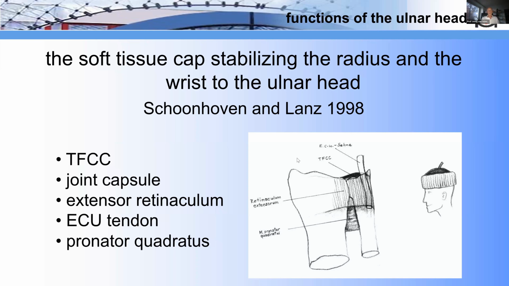But on the dorsal side, we have the extensor retinaculum and the sixth extensor compartment with the ECU tendon, which really give stability to the distal radioulnar joint. On the palmar side, we have an additional stabilizer by means of the pronator quadratus muscle. All together, they fix the radius and the wrist around the ulna in a mobile way.